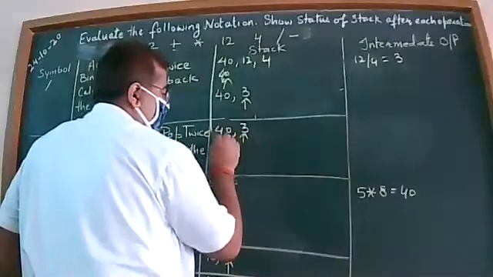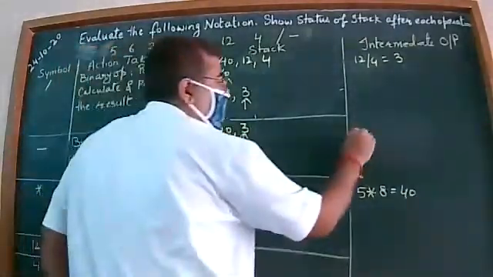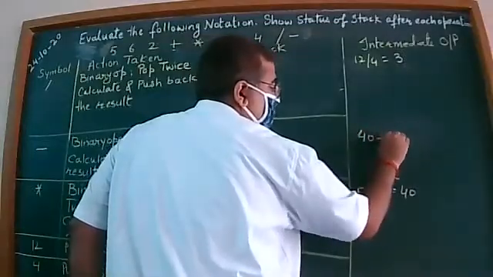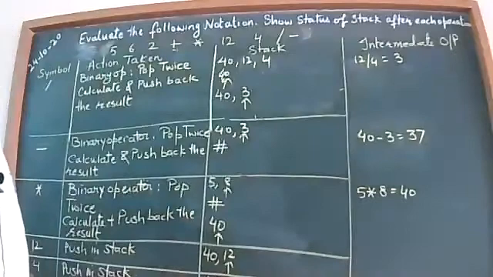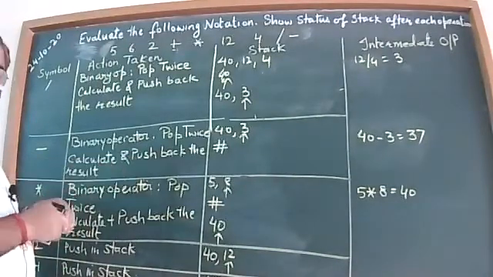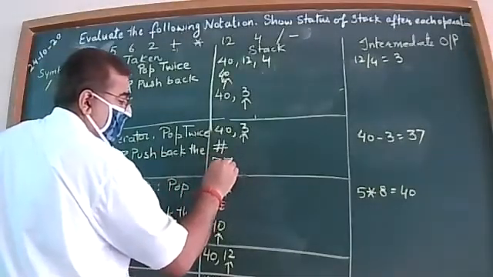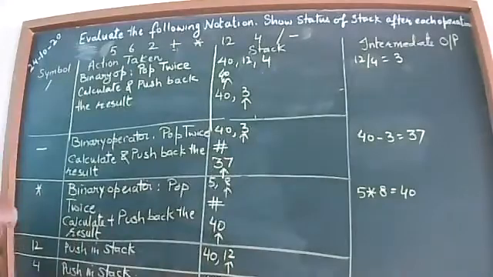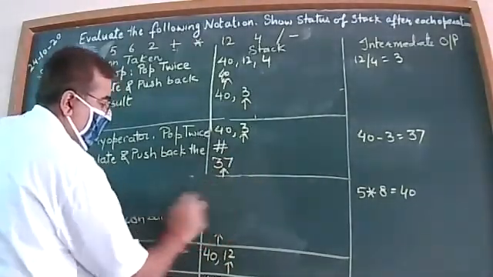When you pop twice, the stack becomes empty for a temporary period of time. 40 minus 3, the answer is 37. Calculate and push back the result. So the result pushed back is 37.